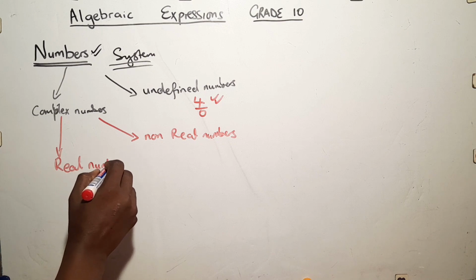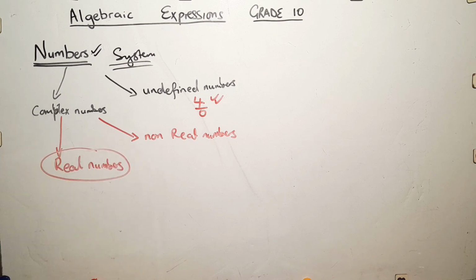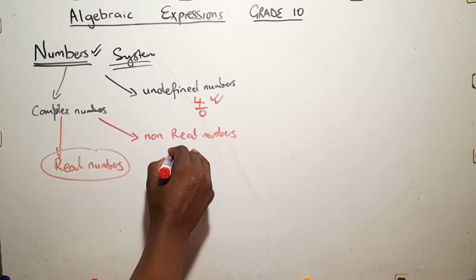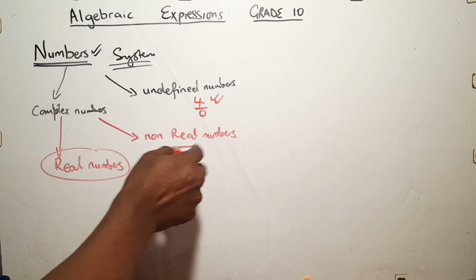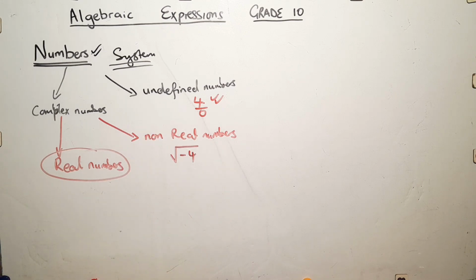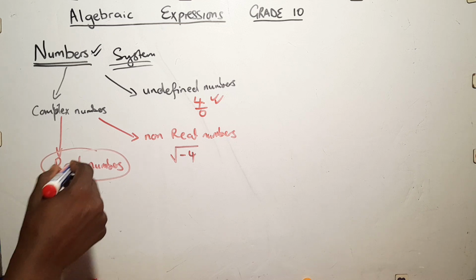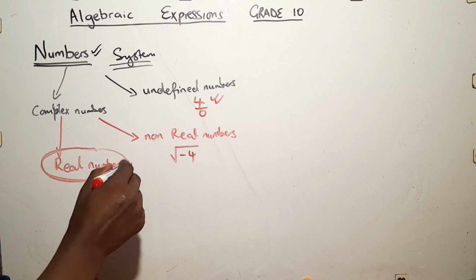Real numbers are the ones that you are mostly interested in. In non-real numbers, we also have some things that cannot be defined, mostly if you have a square root of a negative value. This cannot be defined either, but it falls under non-real numbers. Real numbers are all the types of numbers that can be defined.